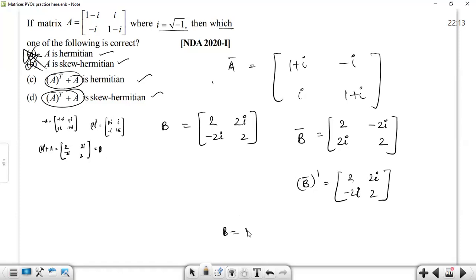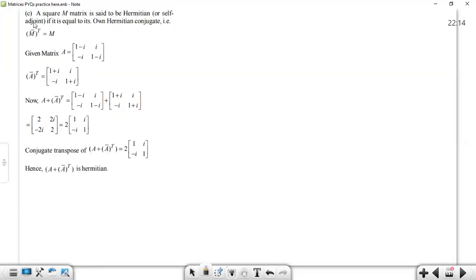So B equals B's conjugate transpose. So B is a Hermitian matrix. So C should be the correct answer. Any doubts, anyone? Okay, great. C.